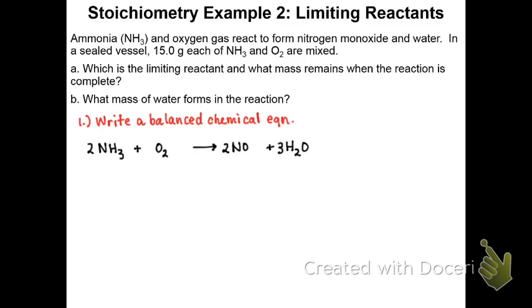So the easiest way of dealing with this is to first multiply the oxygen by 5 halves, because that'll give us a total of 5 oxygen atoms. And then we want all whole number coefficients in the balanced reaction, so we're going to multiply the entire thing by 2. So our balanced equation is 4 ammonia plus 5 oxygen to give 4 NO plus 6 water.